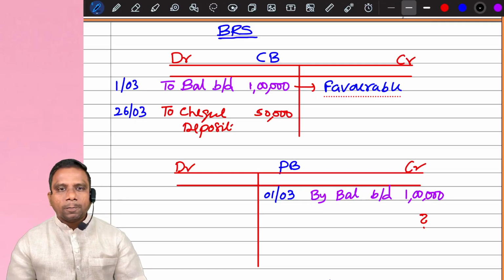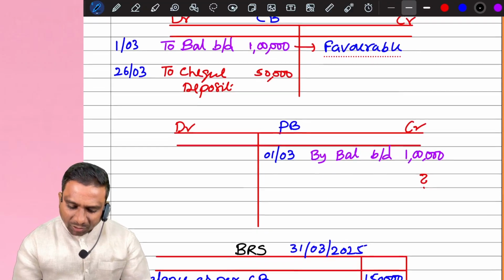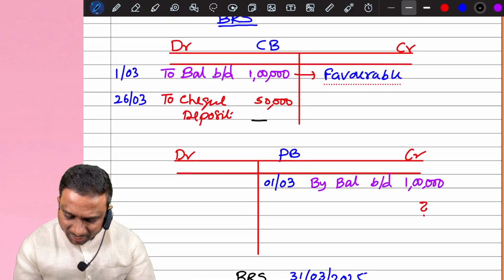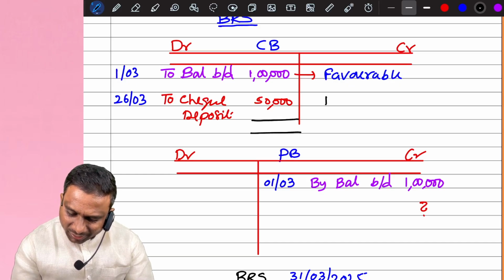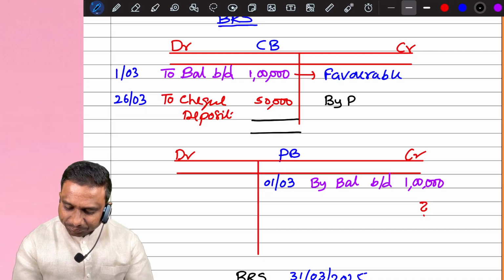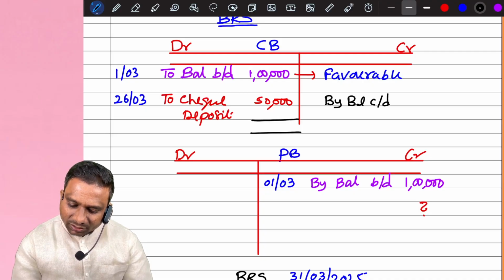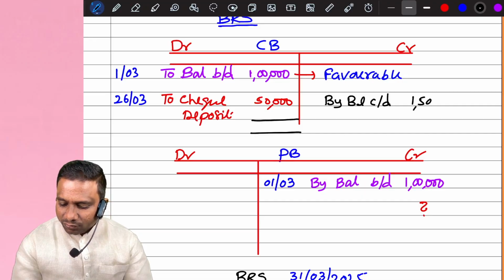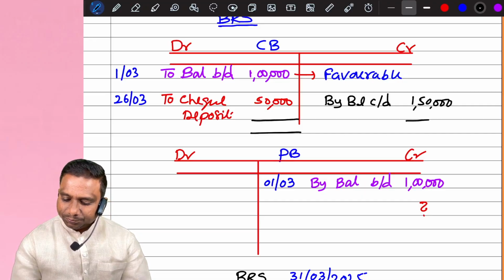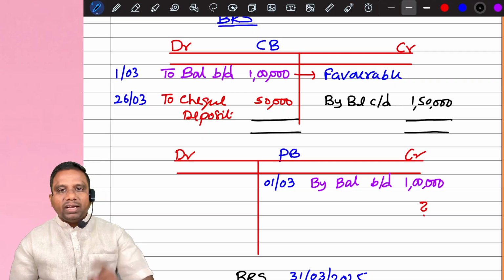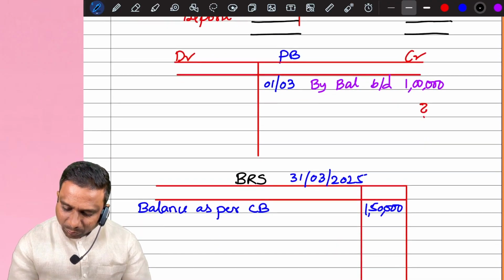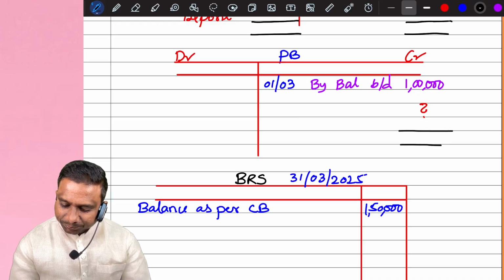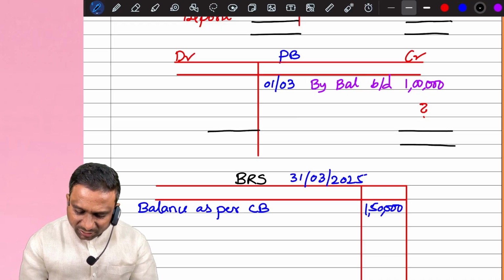As per cash book, the balance is 1.5 lakh. By balance c/d 1,50,000. Whereas as per passbook, the balance is 1 lakh.